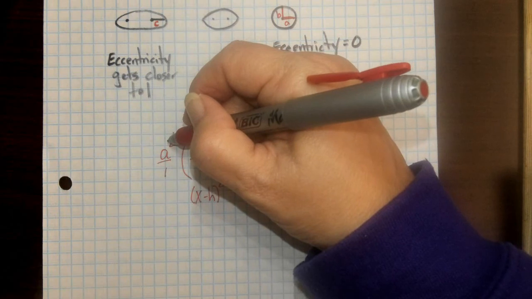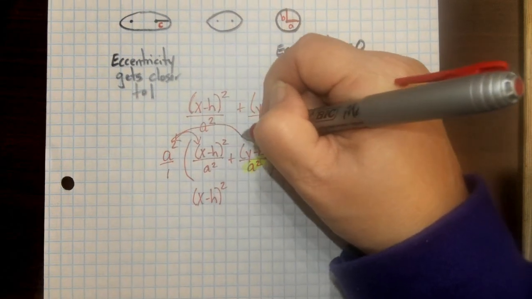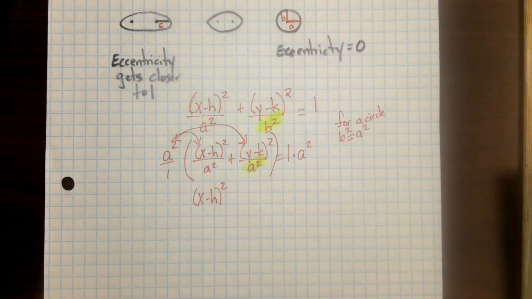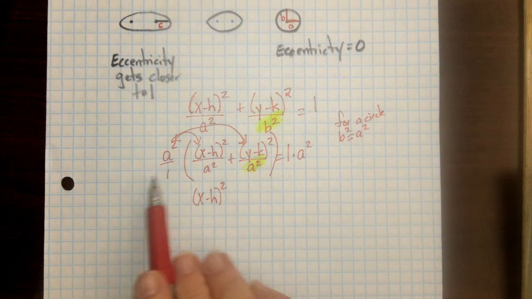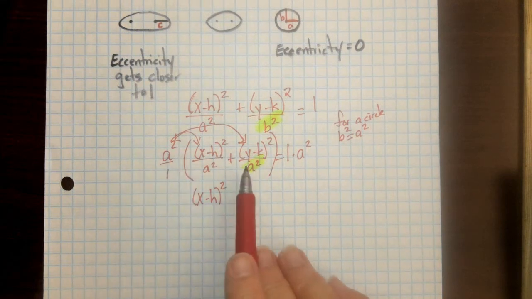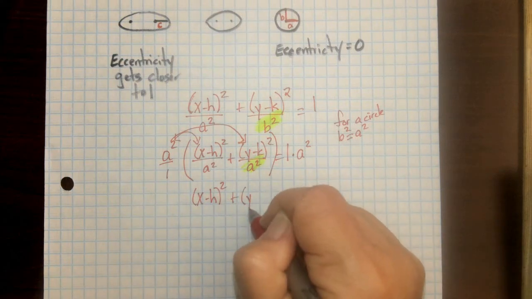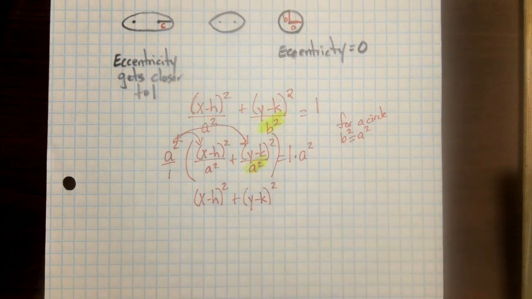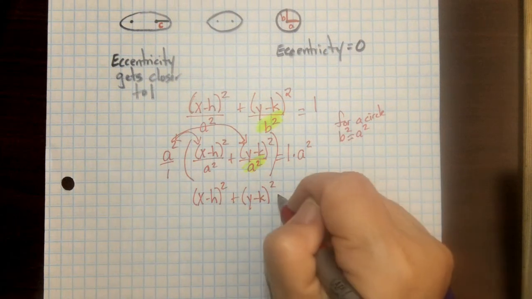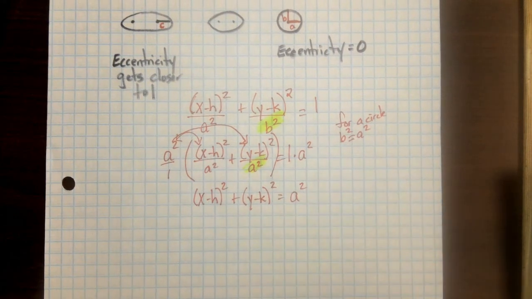And then if I multiply a squared over 1 times my second term, and I multiply these two fractions, those a squareds divide to 1, and I just get y minus k squared. And then this side is equal to a squared.